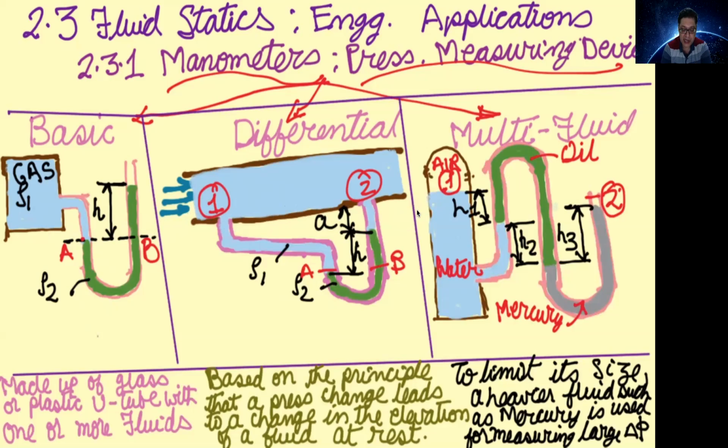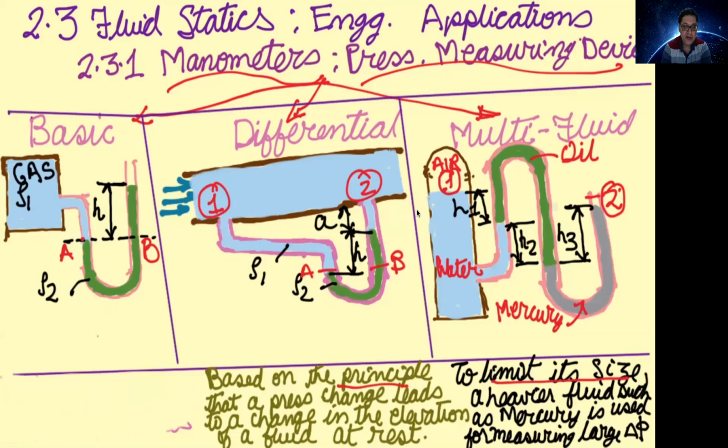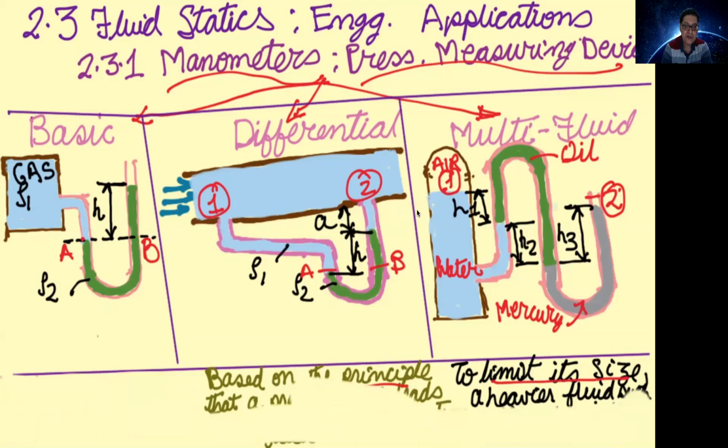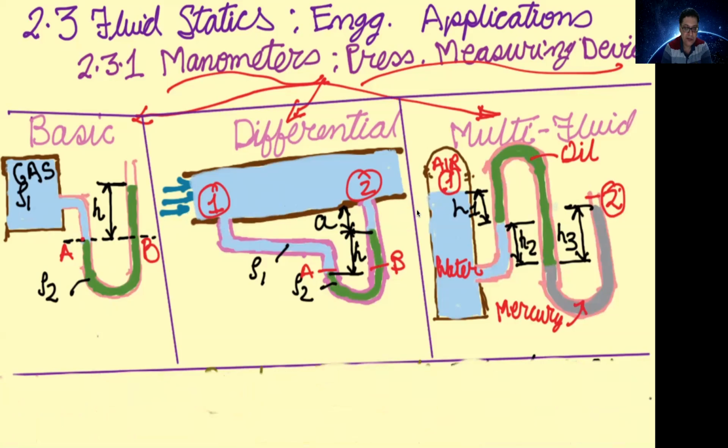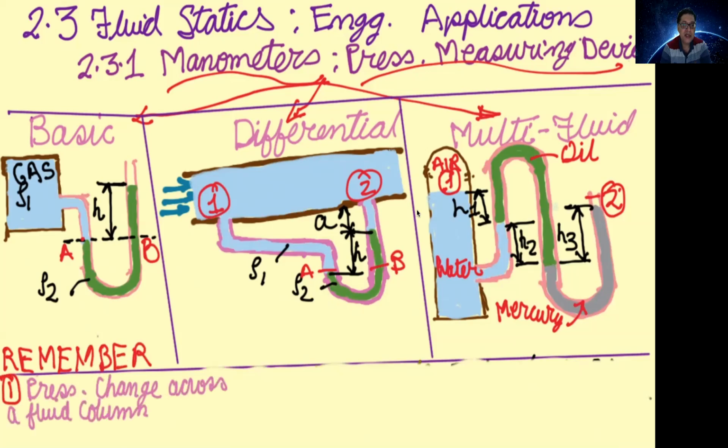Now, for this calculation, you need to remember basically 3 points which will be discussed next. You need to remember that the pressure change across a fluid column of height h is delta P equals rho g h. This is the first thing which you need to remember to develop an expression.